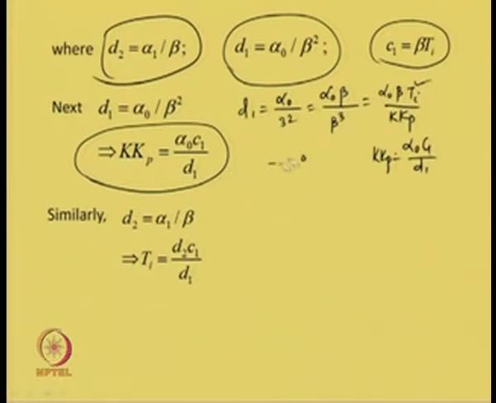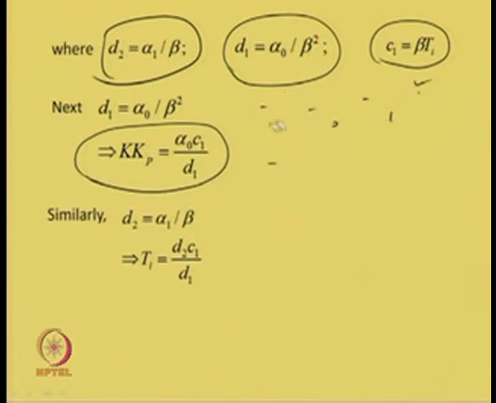Similarly, making use of the expression for d2, which is given as d2 is equal to α1 / β, again you can write this as α1 β² / (k Kp / Ti), with Ti in the numerator, then you will get your α1.